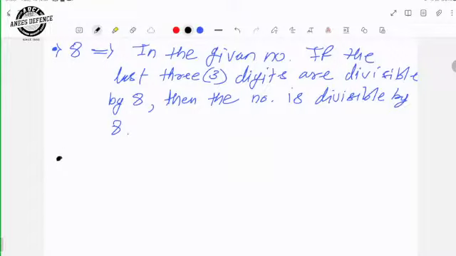For the 9, see what is the concept for the 9? Same concept as it was for the 3.